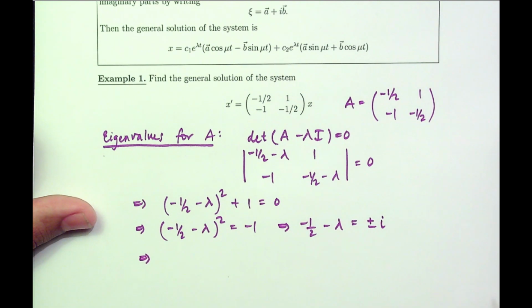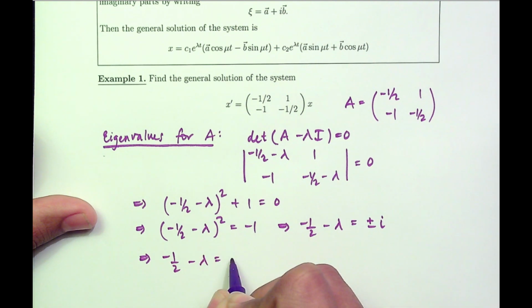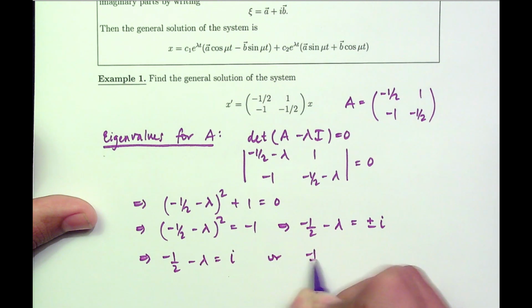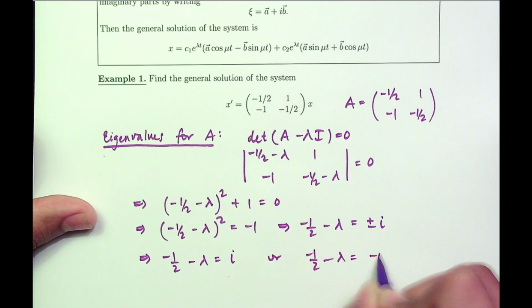So you get negative a half minus lambda equals plus or minus i, and that gives two possibilities: either negative a half minus lambda equals i, or negative a half minus lambda equals negative i.